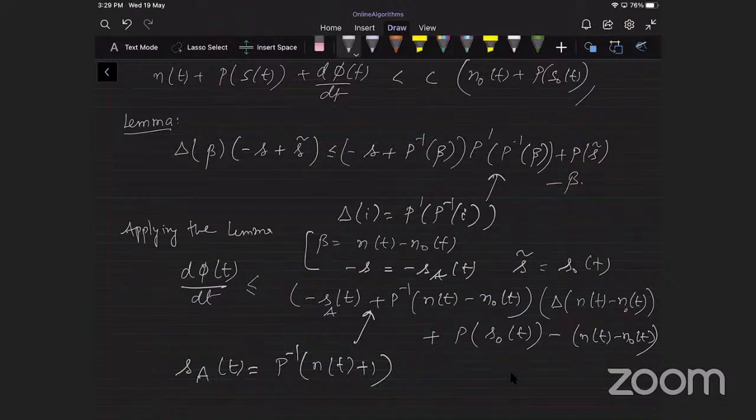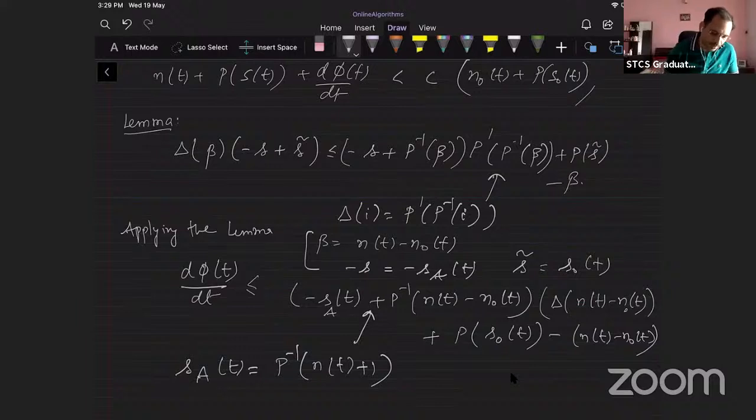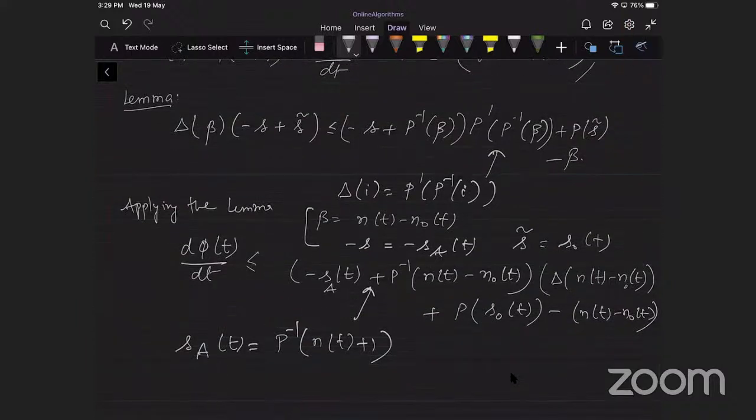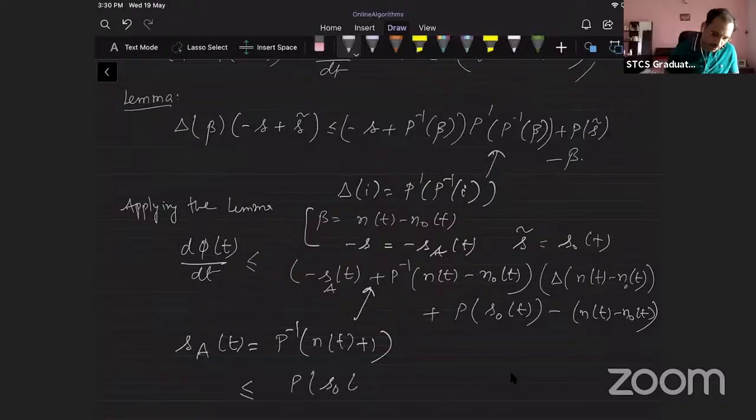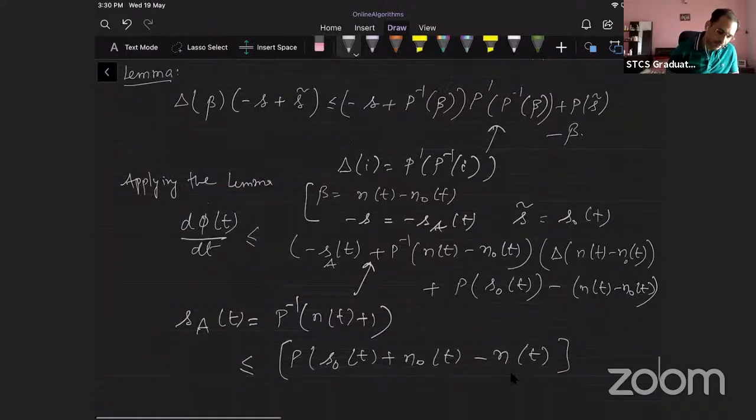So this p inverse of n t minus n0 t is at most equal to p inverse of n t plus 1. Correct. And minus sa of t is greater than that. So this is at most 0. So I can get rid of the first term and I can simply say that this is p of s0 of t plus n0 t minus n of t. Right? That's all I get.